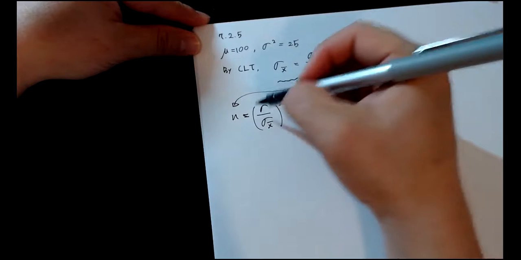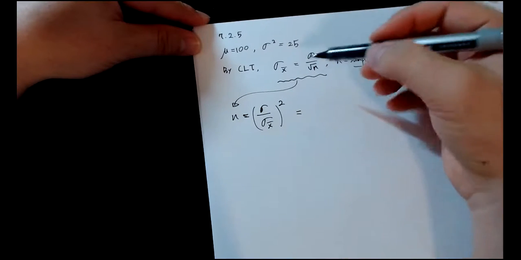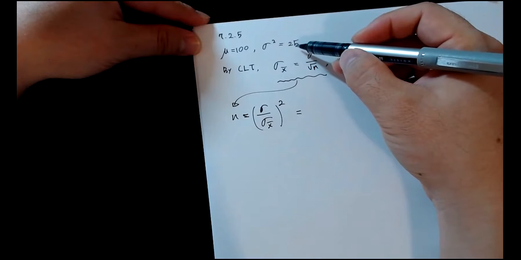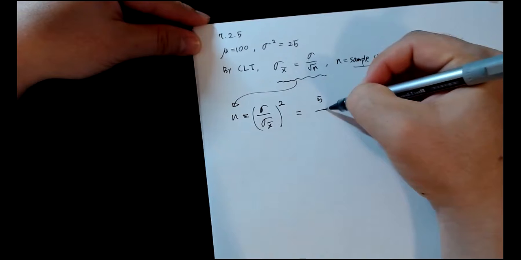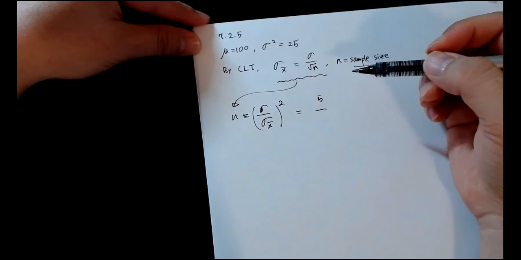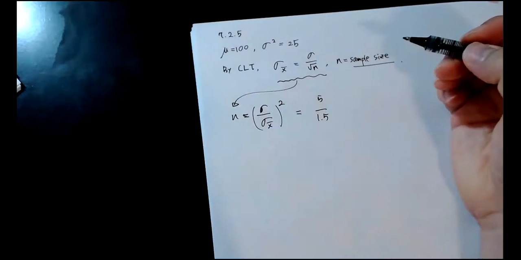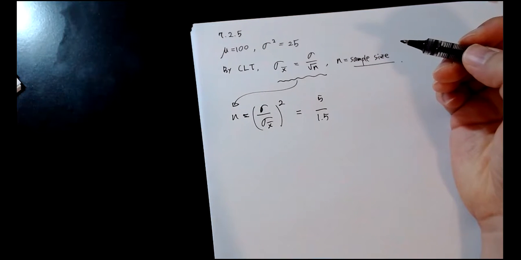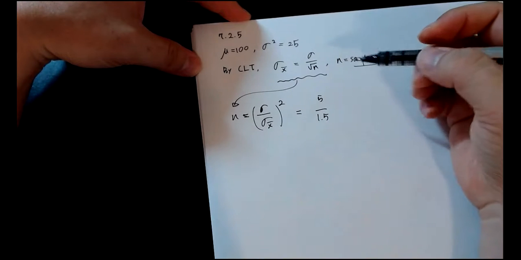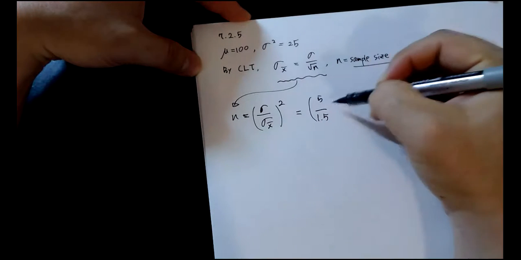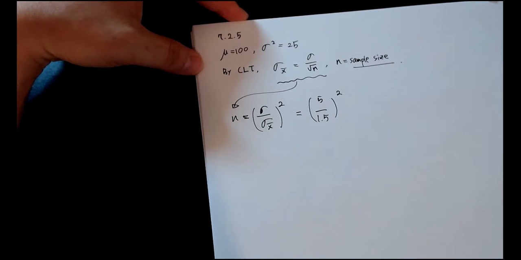By the way, sigma is the square root of 25, which is 5, and sigma x bar is 1.5. Does it make sense? The standard error of the sample average is the sigma x bar. So take the square.